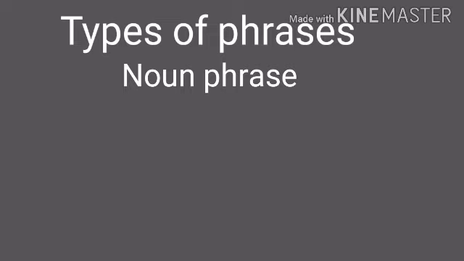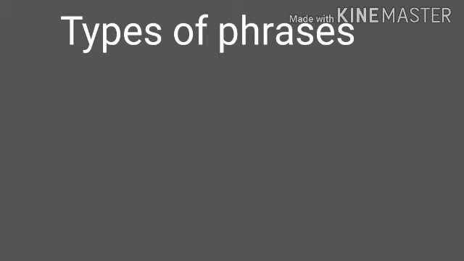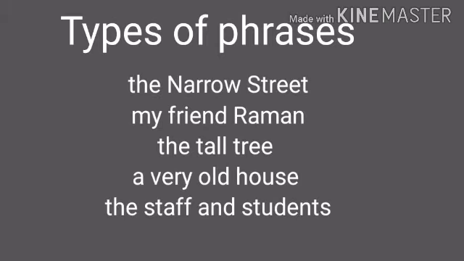My dear students, who can tell me what you mean by noun? Yes, very good. A naming word used to name a person, place, or a thing. And apart from this, you should know all the kinds of nouns. Now just see these groups of words: the narrow street, my friend Raman, the tall tree, a very old house, the staff and the students.